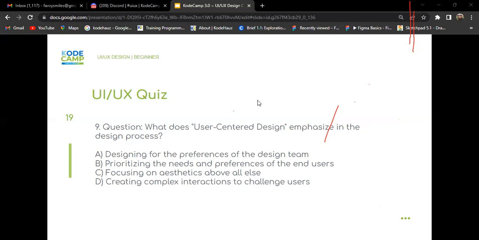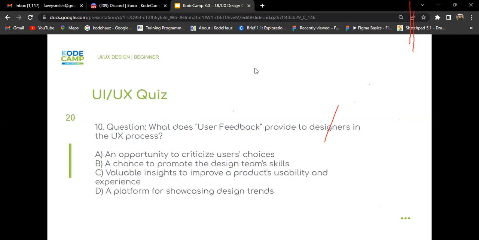Okay, so we have the next question, the last question to be, what does user feedback provide to designers in the UX process? A, an opportunity to criticize users' choice. B, a chance to promote the design team's skill.